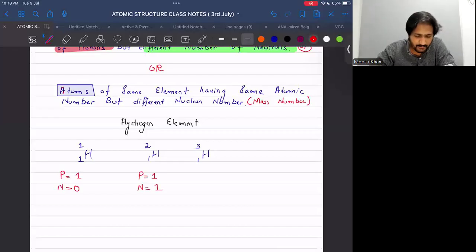There are some hydrogen atoms whose protons are still 1, but the number of neutrons is 2.